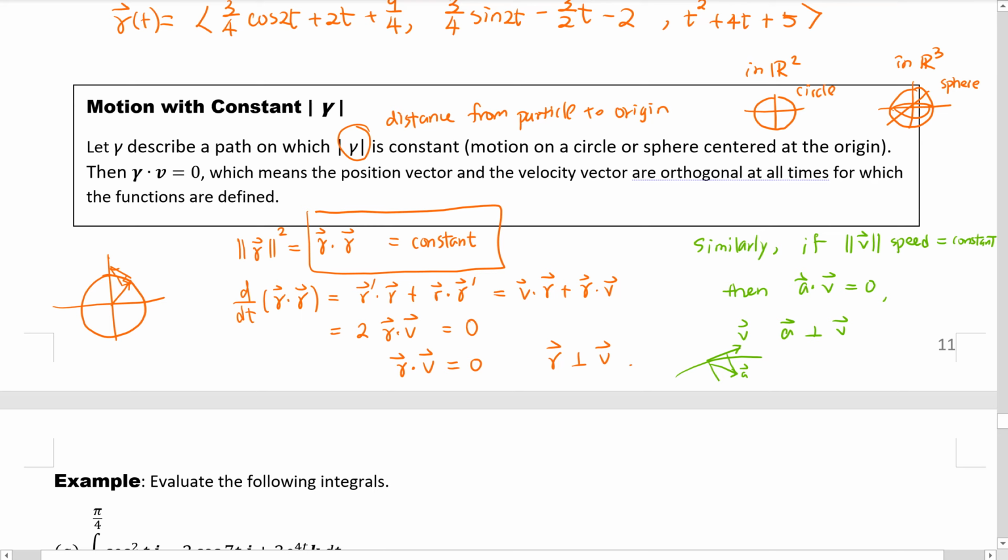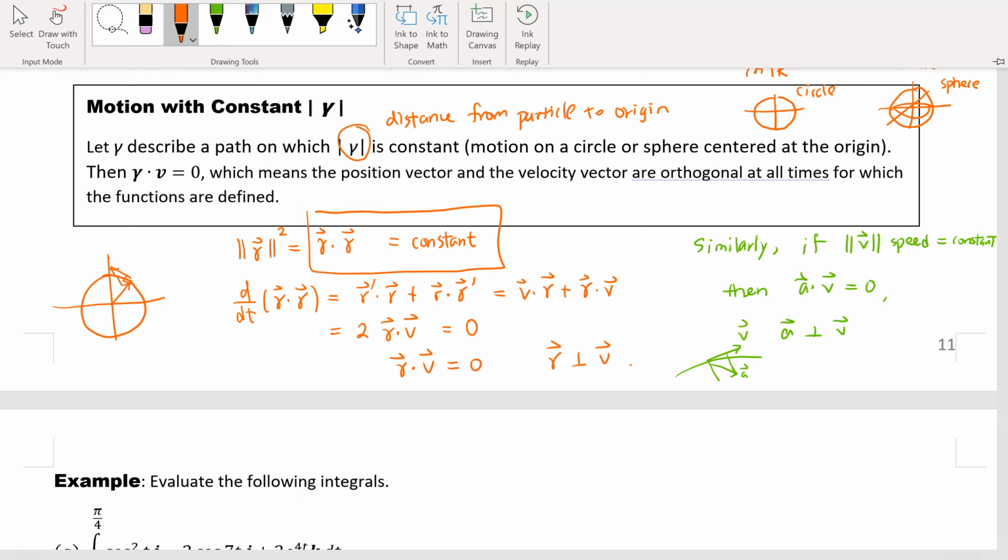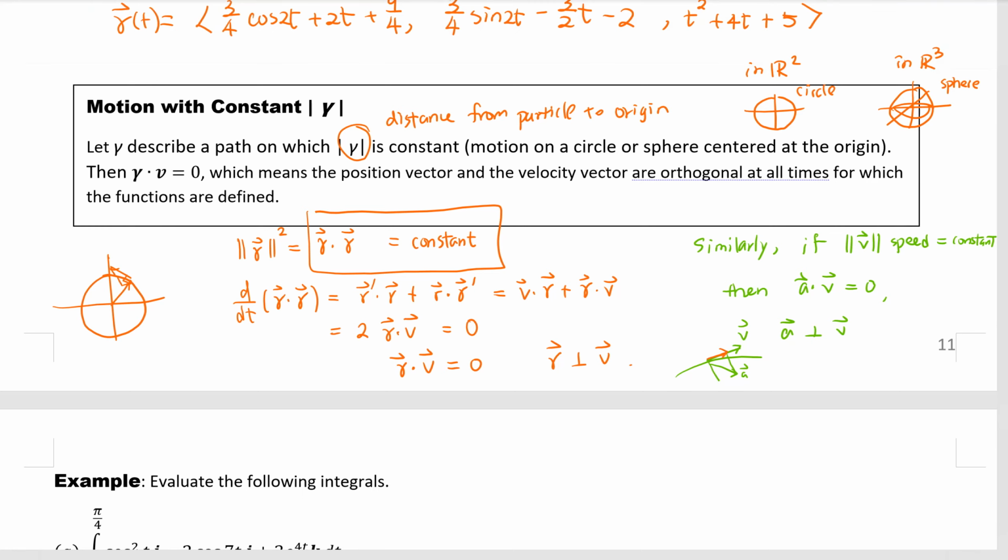This component will change the magnitude of your velocity. If they're in the same direction, then your speed will increase. If they're in the opposite direction, then your speed will decrease.